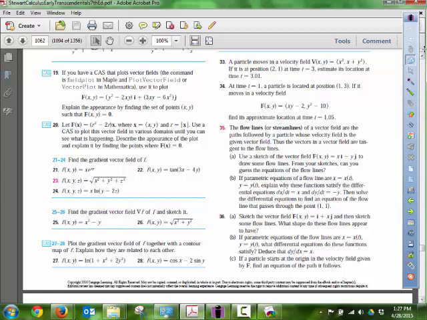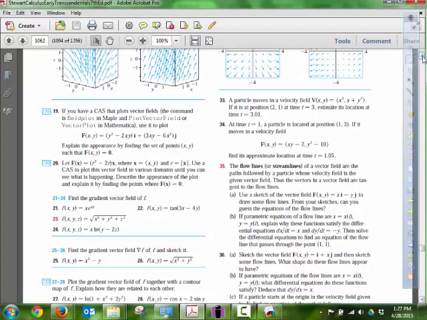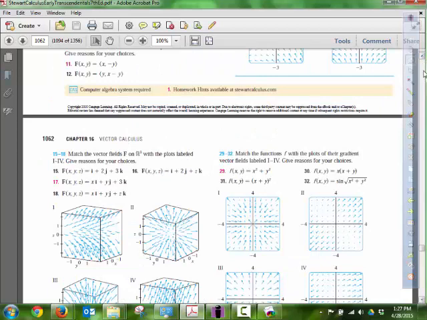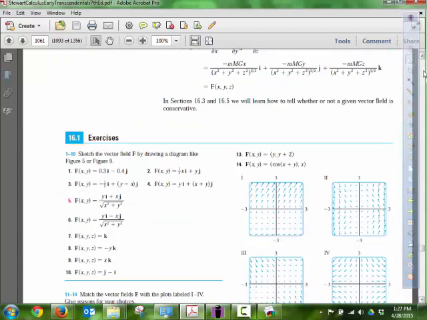I should have prepared an example. I'm trying to do these integrals in my head. There's two standard examples of things. I can't remember what they are.